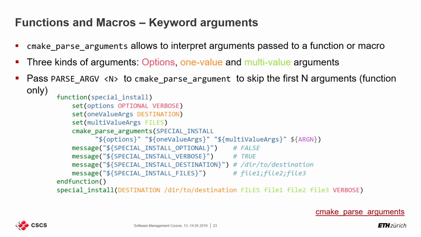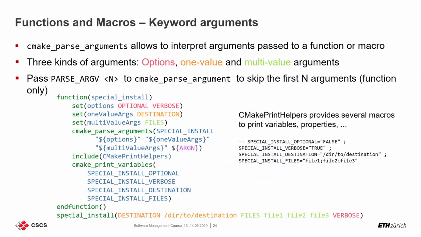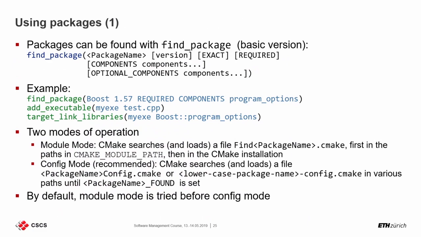So what you actually do, you specify a function without any parameters, and you let cmake_parse_arguments analyze the input from here and give you the result in some variables. And you will have an exercise about this as well. I will skip over this.